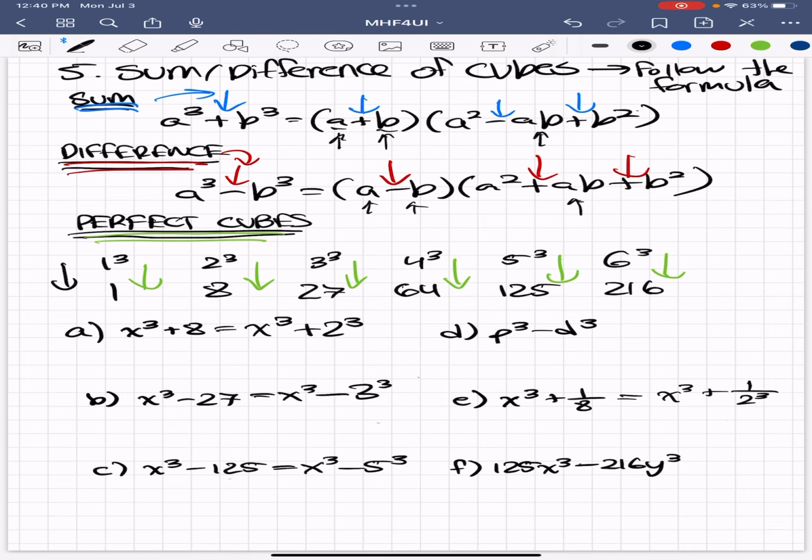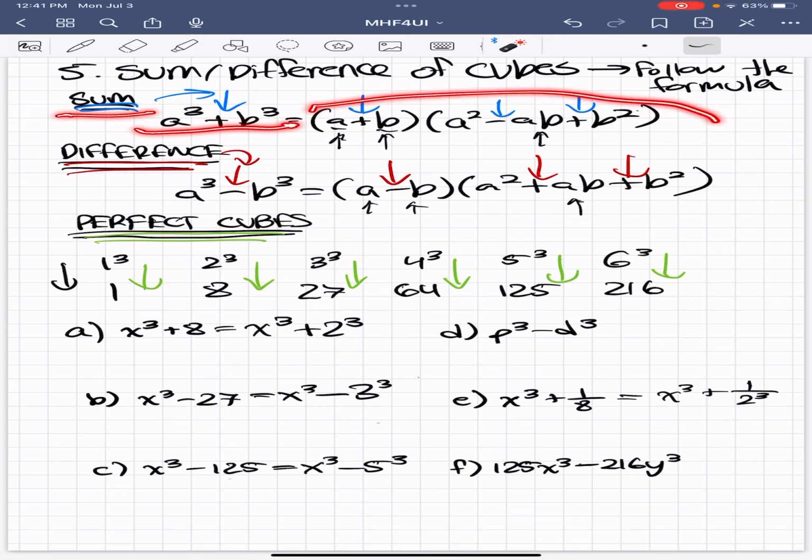So now it's sum and difference of cubes. I have a to the power 3 plus b to the power 3 equals a plus b, bracket, a squared minus ab plus b squared, bracket. That is for sum.